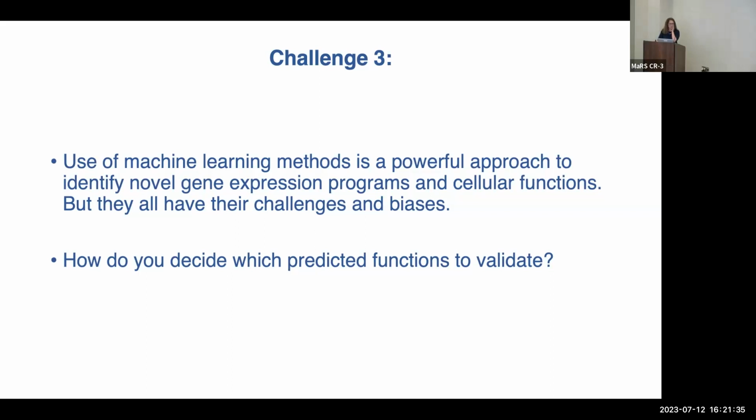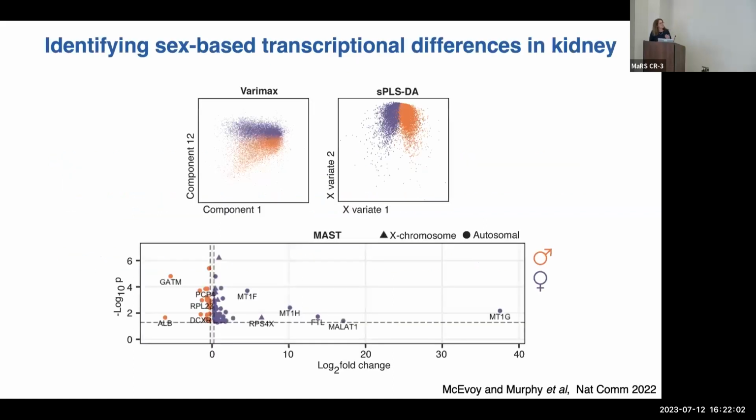The last big example from what we've been doing is when we're trying to use machine learning methods to identify differences in sexes. So we were fairly well powered. We had 19 kidney donors. We had approximately equal representation between males and females, and we wanted to get some idea of whether there was anything we could find within our data set that would explain some of the differences in incidence of different kinds of kidney diseases. And so we decided to use machine learning approaches, as many people do, but they each have their own biases. And so to get around this, one of the things we tried to do is use multiple machine learning methods.